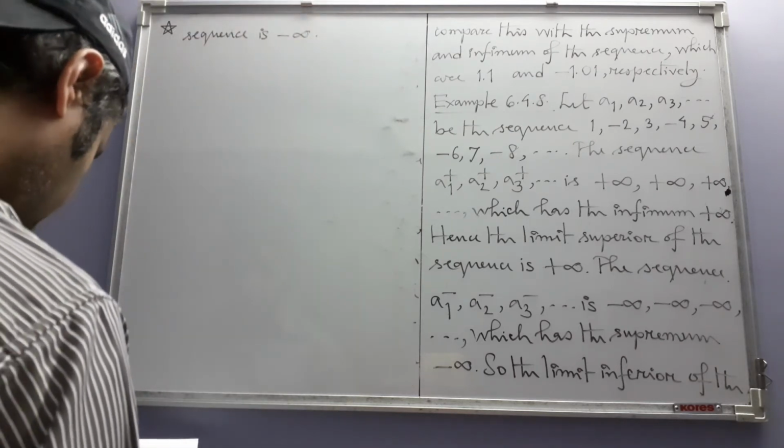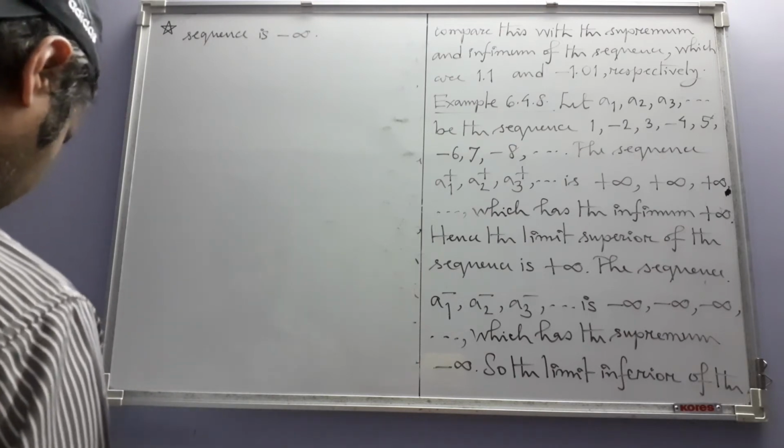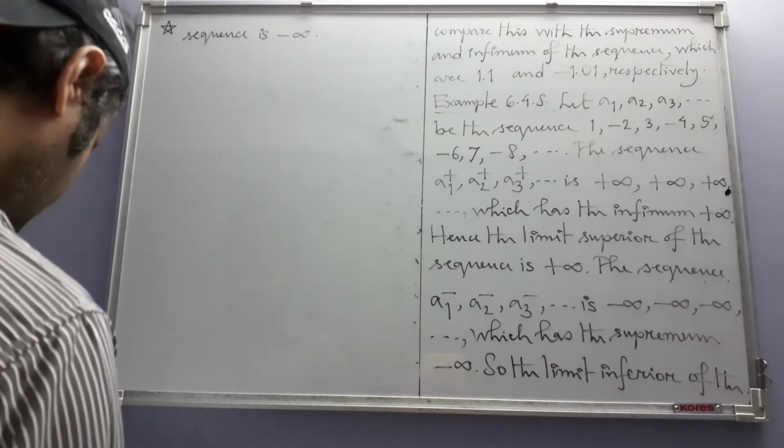So here both the limit superior and limit inferior are infinite extended real numbers.